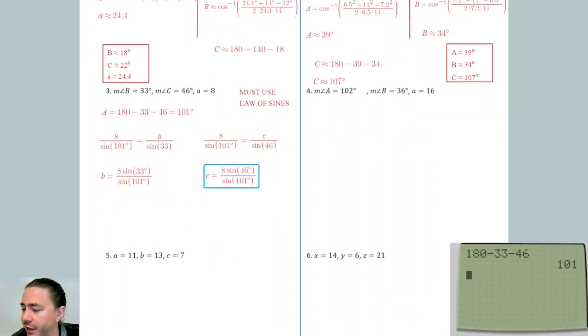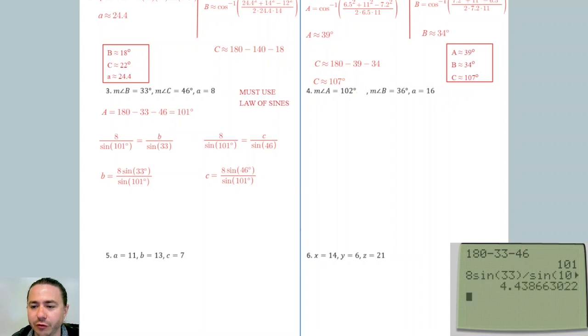Okay, so these law of sines problems usually go a little faster for some reason. There's just a little bit less typing and algebra. They're just not as bad. Okay, so for this first one, I get about 4.43. I'm going to go ahead and type in the next one: 8 times the sine of 46 divided by the sine of 101.